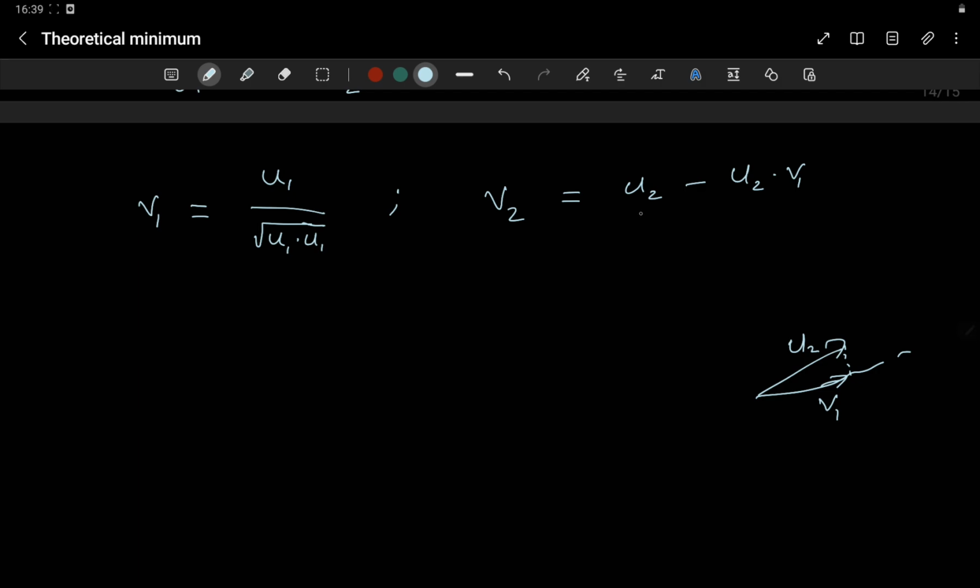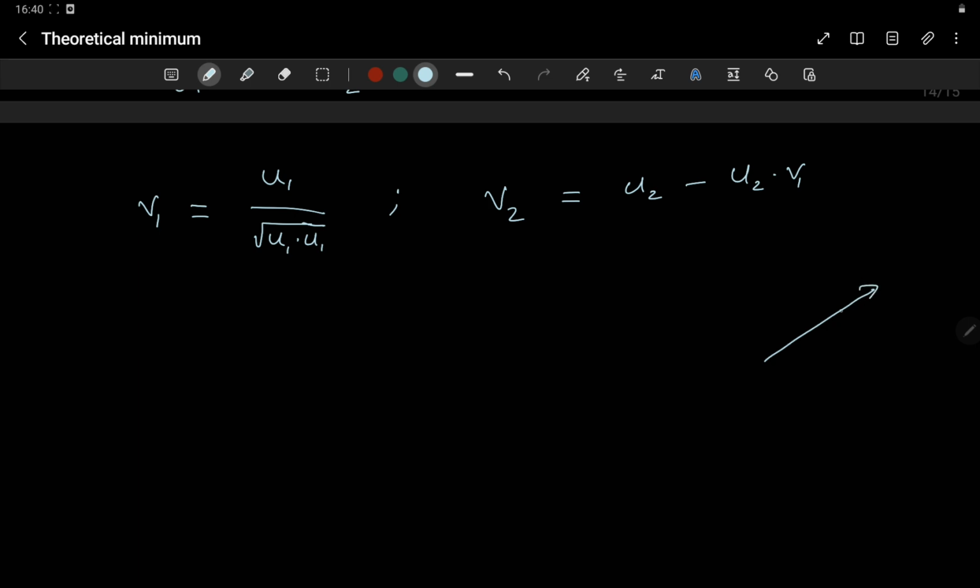So from u2, if I remove that projection part, what will I have remaining? This part, and that part is perpendicular to v1. But u2 dot v1 is just a magnitude, not a vector. Let me draw it clearly.